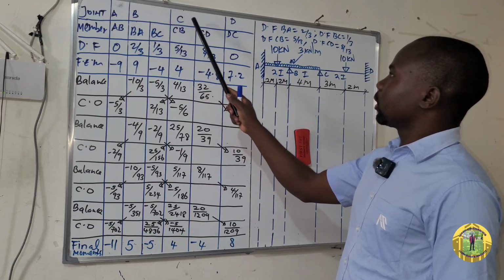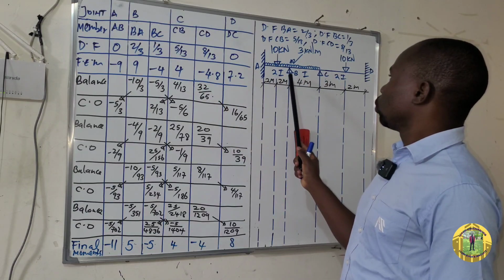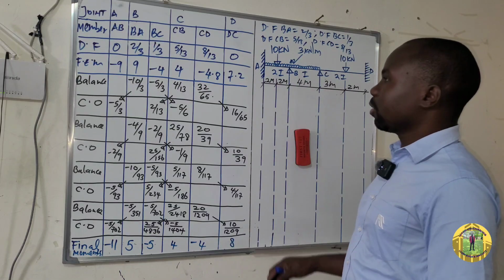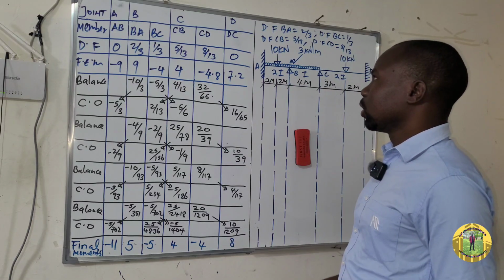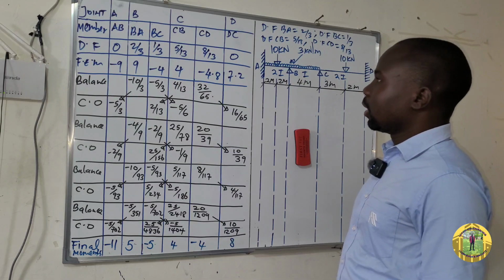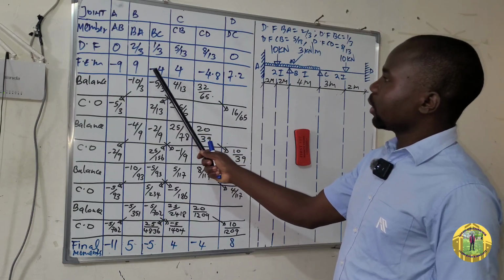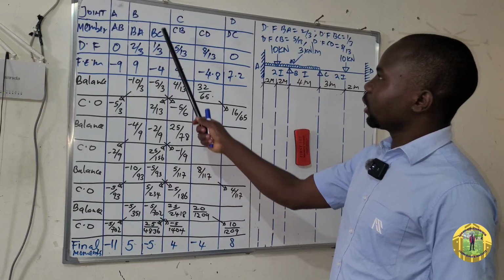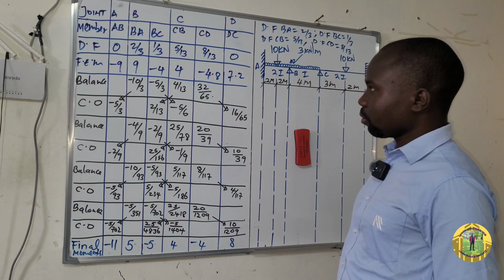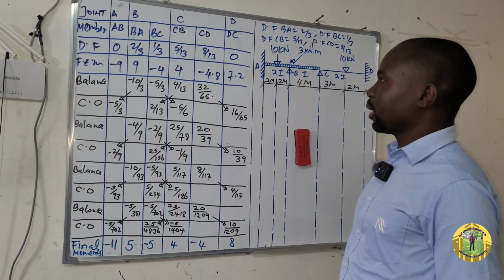Joint B and joint C each have two members. So this is member BA and BC. Therefore, you have to balance joint B and joint C. To balance, it means if you add the fixed end moments in that joint, it must give you 0 for such a joint to be in balance.